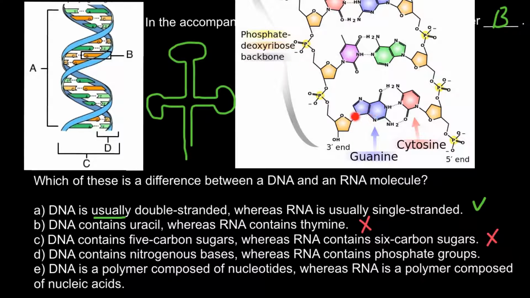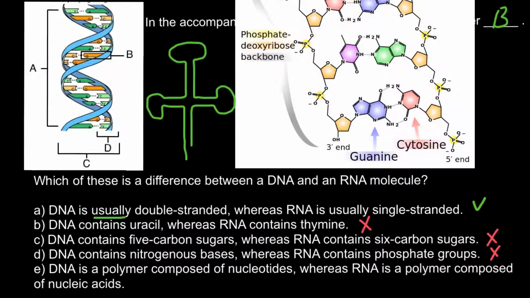Bases are connected to the sugar by glycosidic bond, and sugar is connected to phosphate group by ester bond. And two nucleotides would be connected by phosphodiester bond. So, as you see, both DNA and RNA have phosphate group and have nitrogen, so this answer is not true.